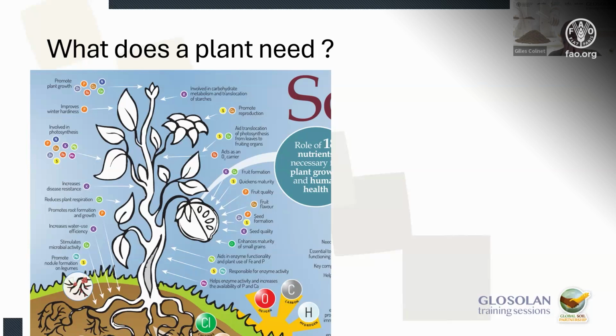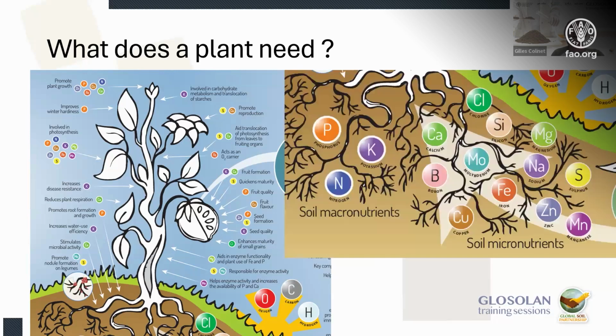In this system, in the FAO, there are 18 nutrients that are recognized as necessary for the plant growth and the human health. And I think for the plant, it's more 15 or 16 than 18.